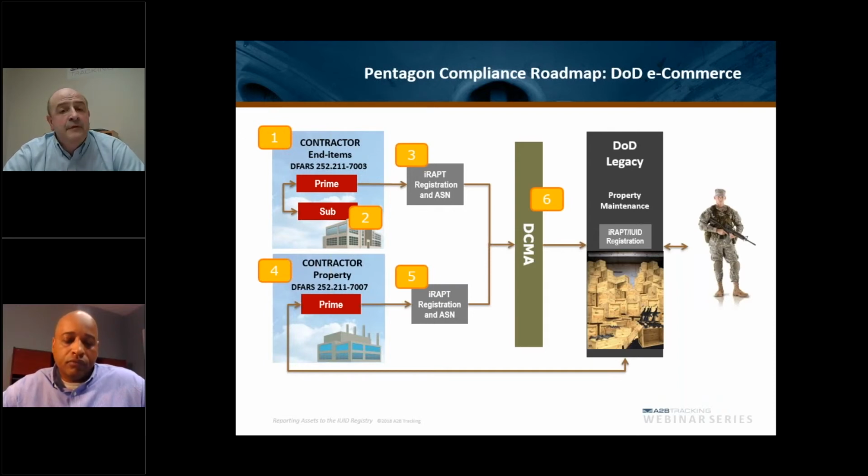You may have a proof of delivery, and you'll see that the item has been delivered, and you're going to use that date as an acceptance date. That can sometimes lead you into trouble. You want to be using the acceptance date, which would be an electronic transmission that you would receive back from the government. Once you have that date, now you're able to complete the registration process for your end items. So that's a key difference from GFP and legacy.